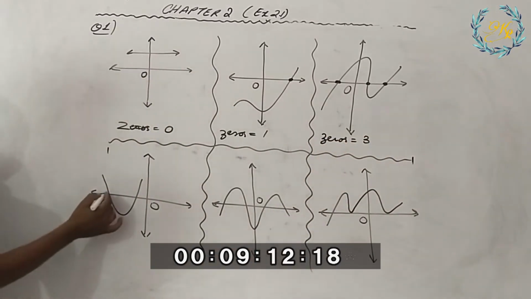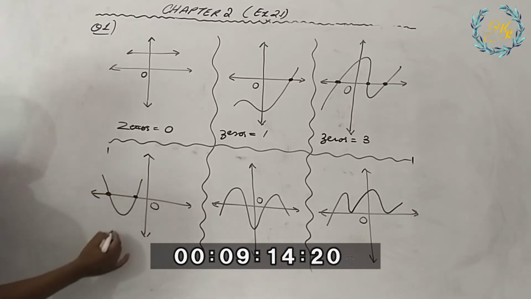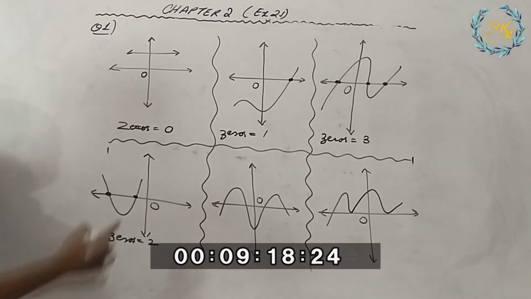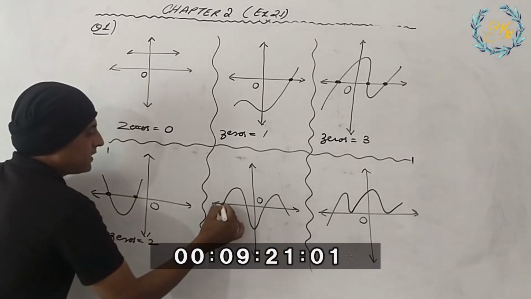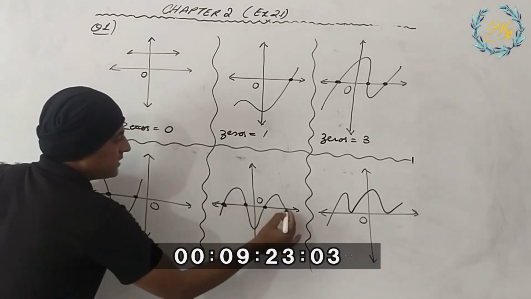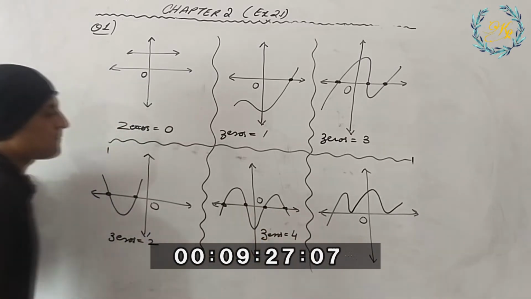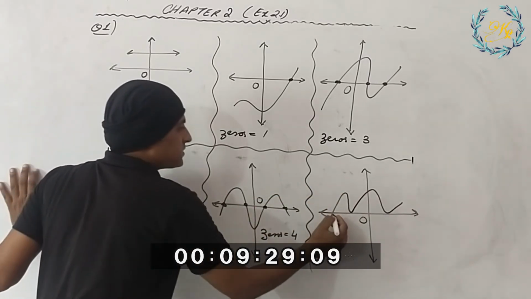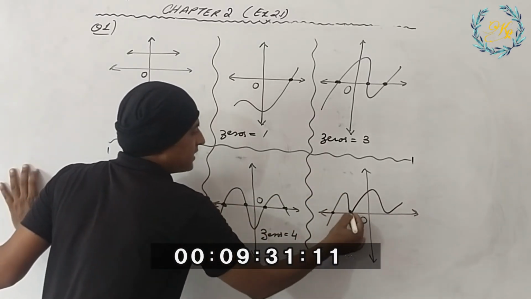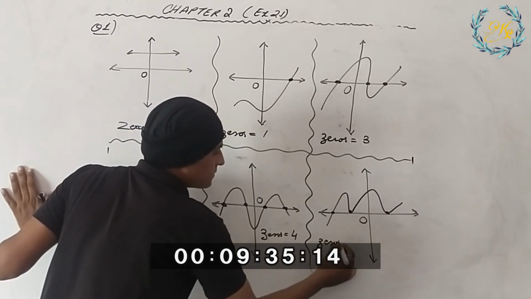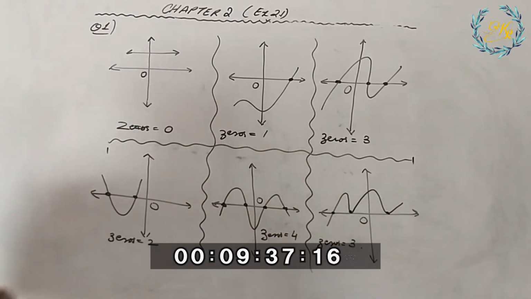This graph is touching the x-axis at 2 points, hence the number of zeros is 2. This graph is touching the x-axis at 4 points, hence the zeros of this graph are 4. This graph is touching the x-axis at 3 points, hence the number of zeros is 3.